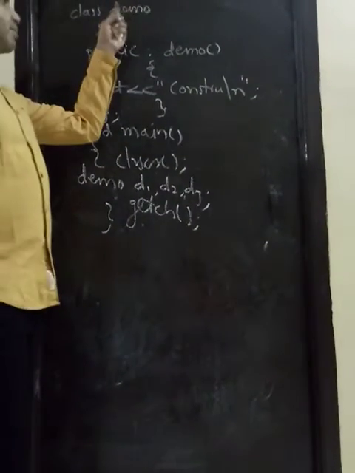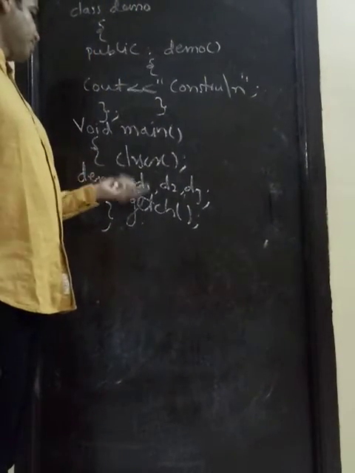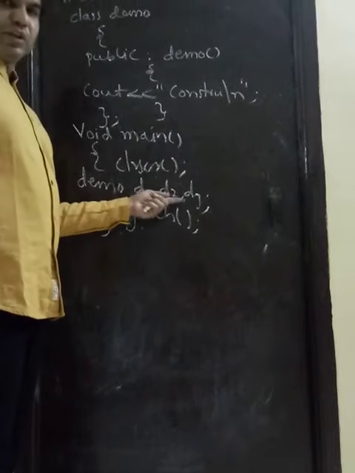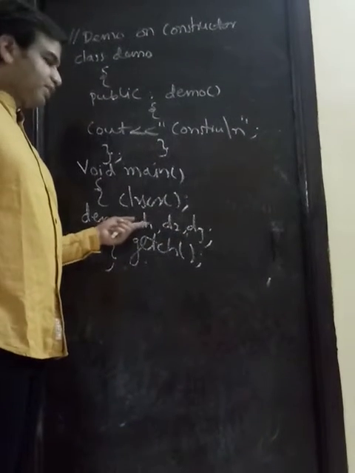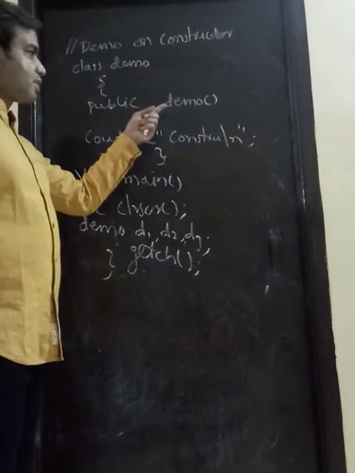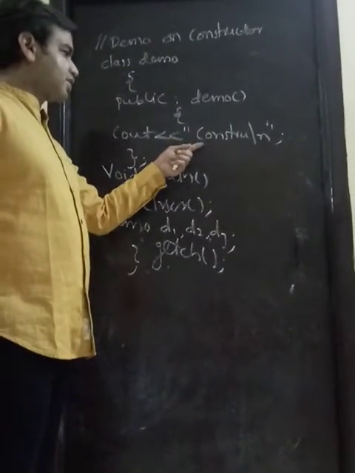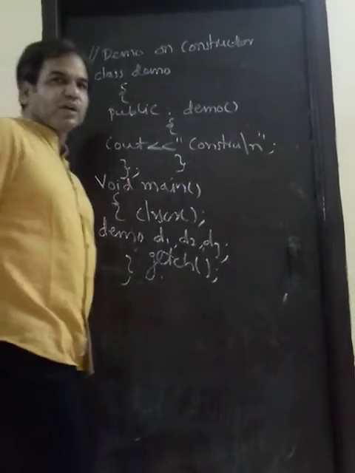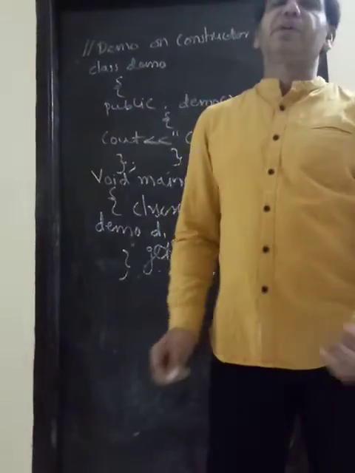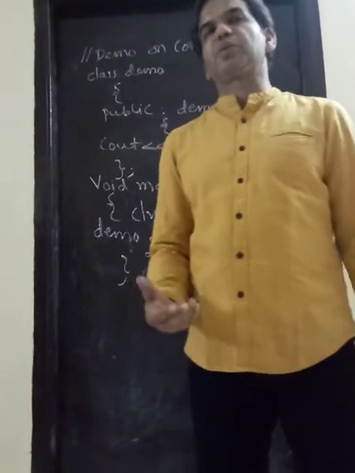So here the class name is demo, with the same syntax. I am creating 3 objects, so the constructor member function will be executed 3 times, and it will display the output as constructor. This is a simple demonstration program, and we will see another program also.